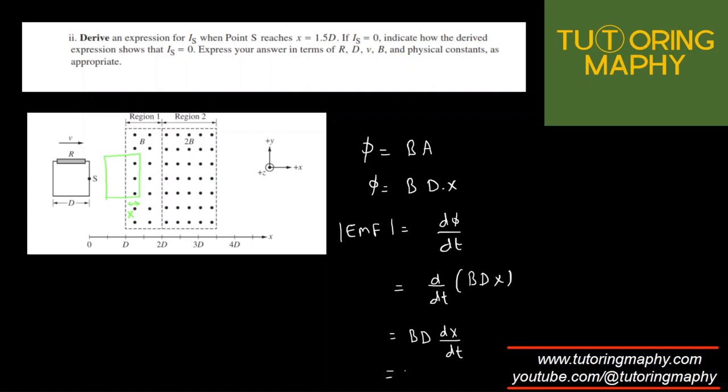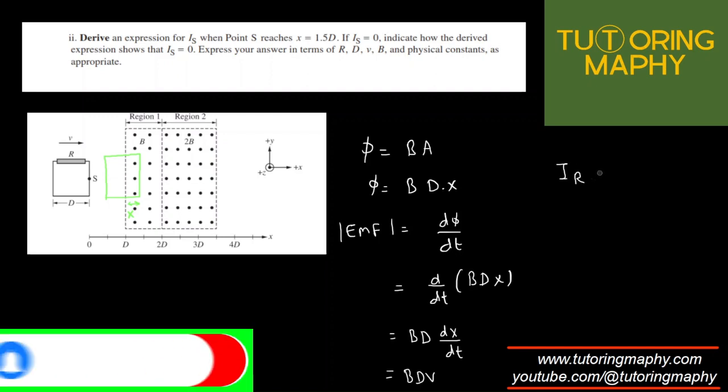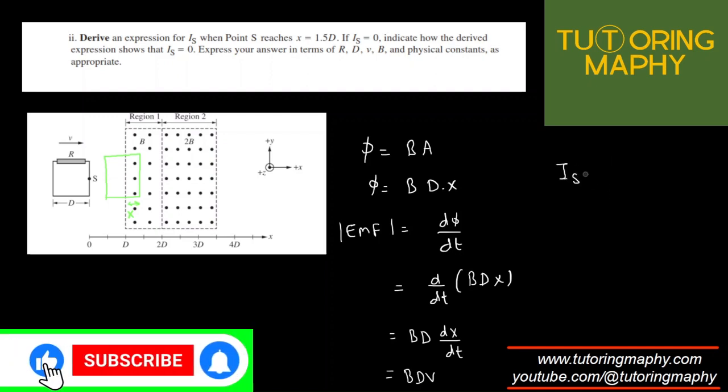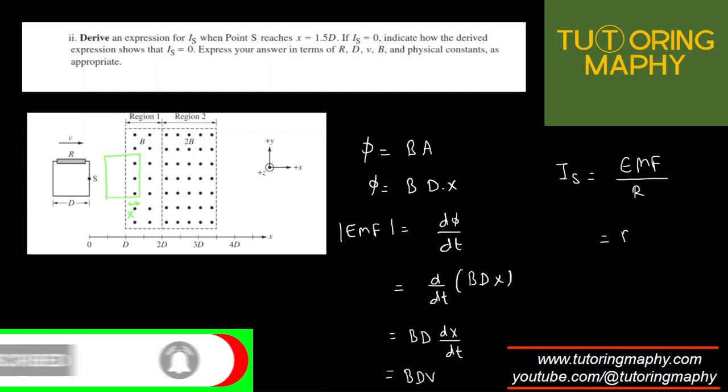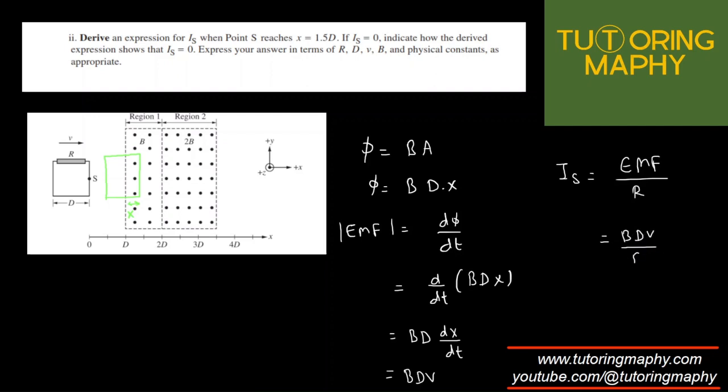So we are just going to replace that with B D v. But what do they need? I don't think so. They need the current. So IS is going to be the induced EMF divided by the resistor, so it will be B D v over R. So that will be IS. So that's how it looks.